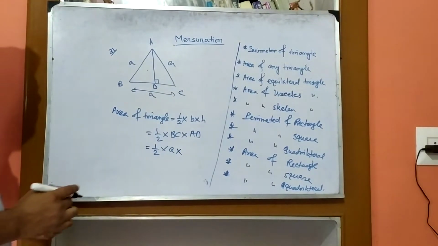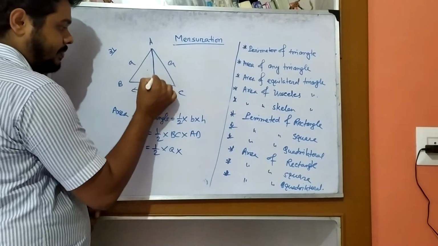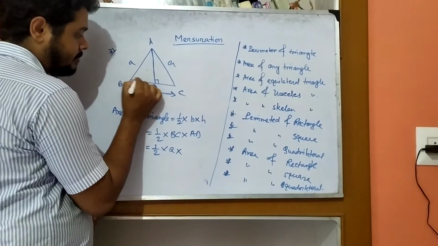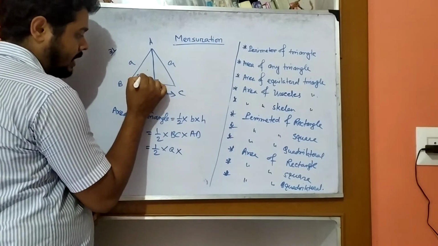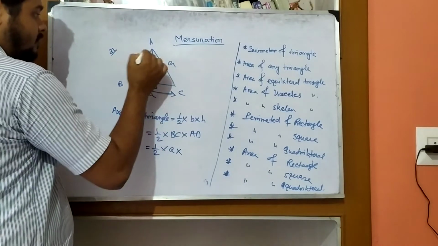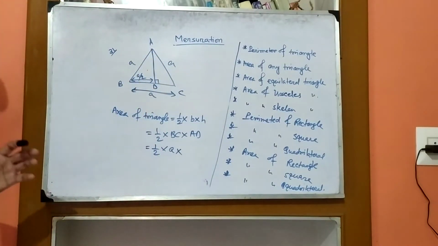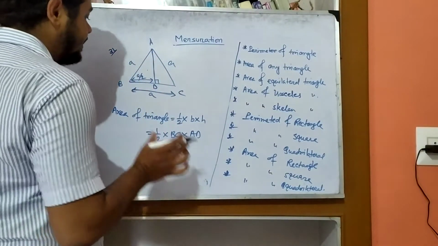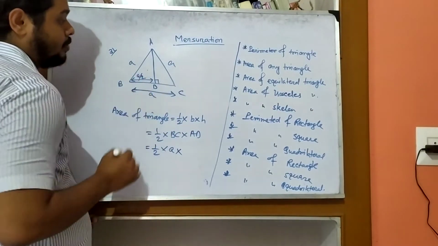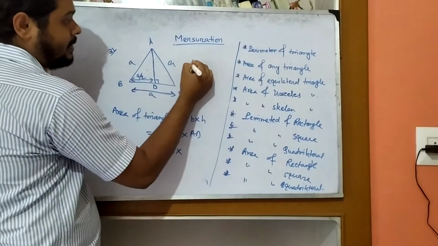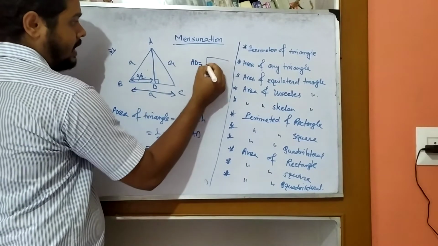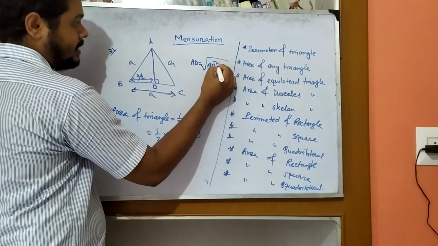Height means AD. If the whole one is A, then this portion is obviously A by 2, because perpendiculars from the opposite vertex of an equilateral triangle always bisect. Now using the Pythagoras theorem, AD equals root over of AB square minus BD square.